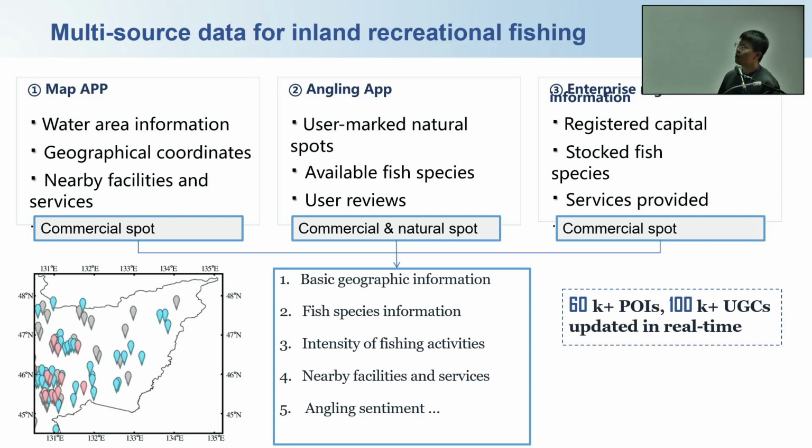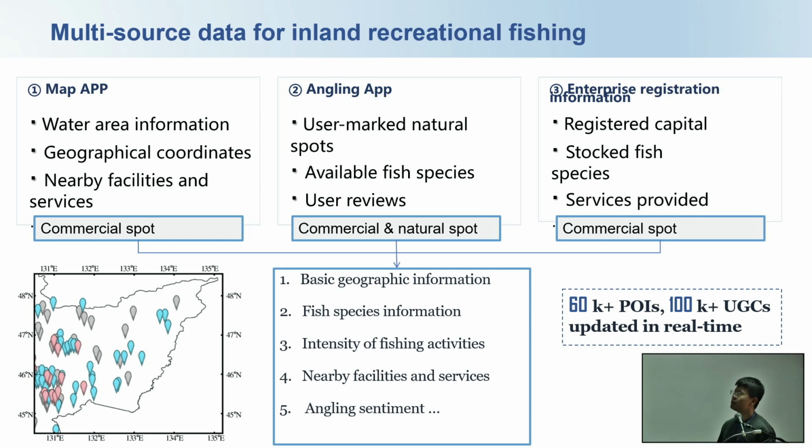Although China has a monitoring system, the monitoring only collects data on social and economic dimensions. The spatial and temporal differentiation of recreational fisheries remains unknown.